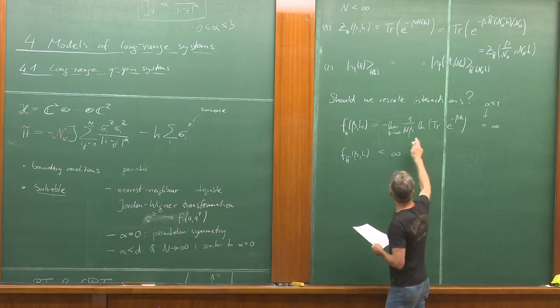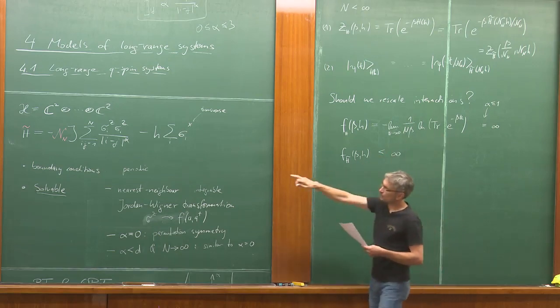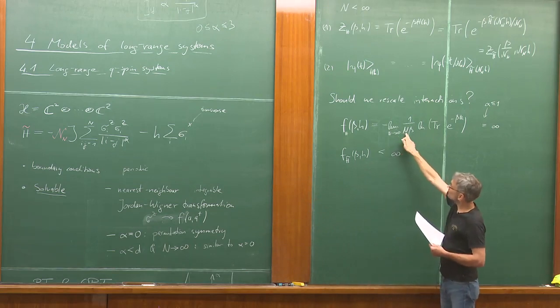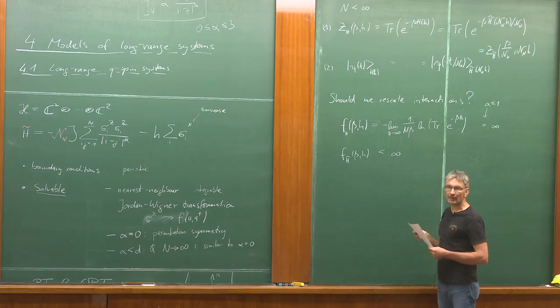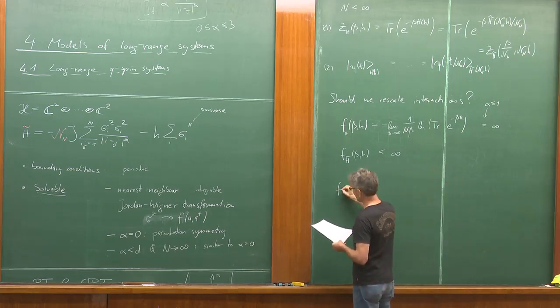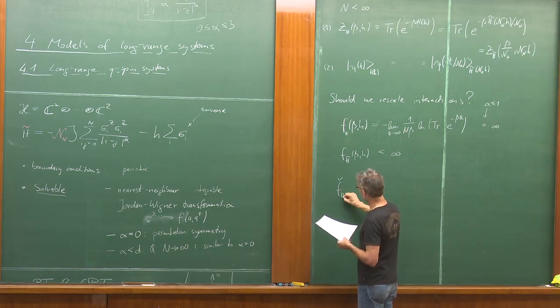Instead of rescaling the Hamiltonian here, we could also say, why not just fiddle with this definition of the free energy and put an independent factor in here, which I could easily do. So I introduce a factor, let's give this one a little inverse hat just because I'm running out of symbols otherwise.